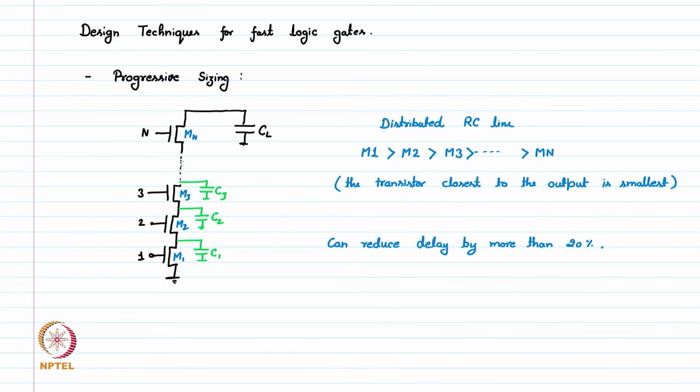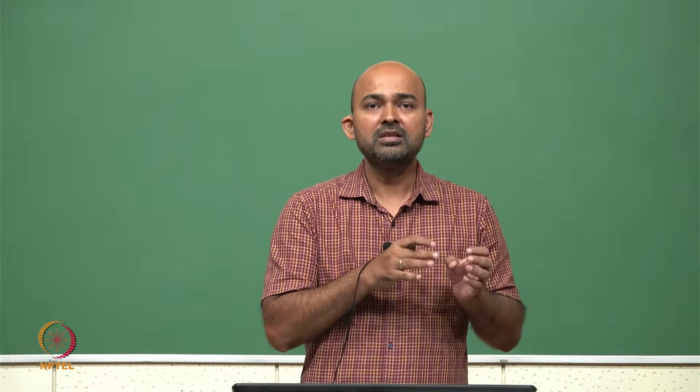It is not going to do anything for C1, C2, C3. So Mn has responsibility only to pull down CL, so it can be kept smaller. M1 is the biggest one because it has to sustain current from all of C1, C2, C3.